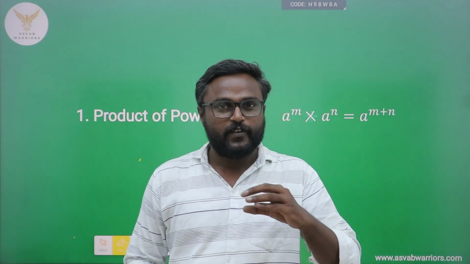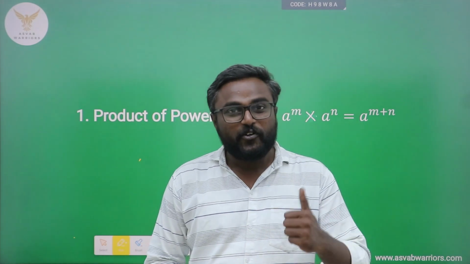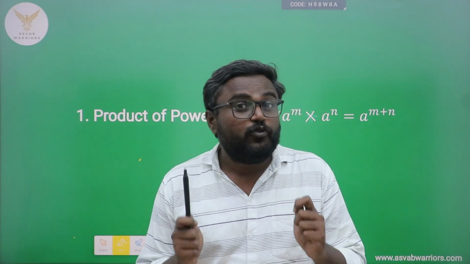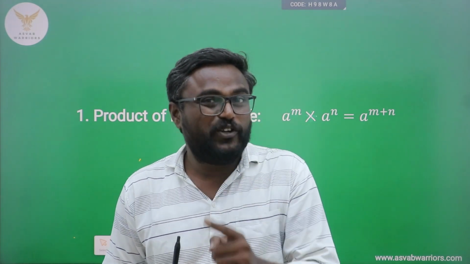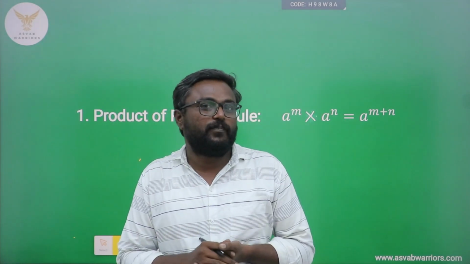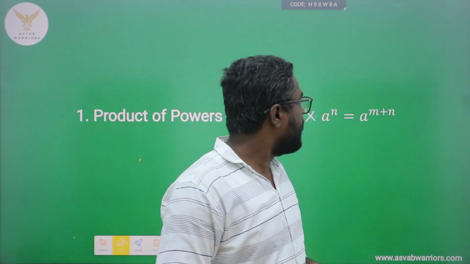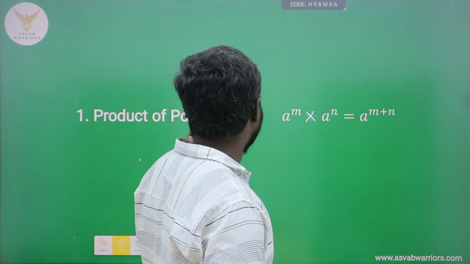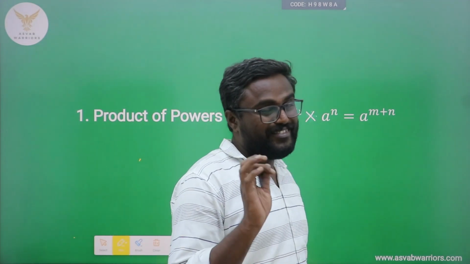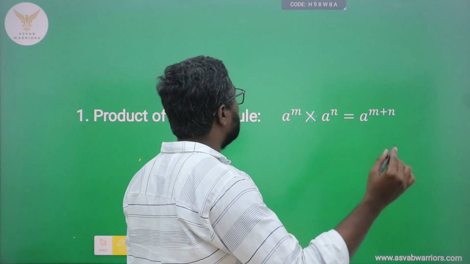Now, moving on to the next slide, where we are going to learn a few rules that you need to remember in order to excel in your exponents and powers chapter. The first is the product of powers rule.